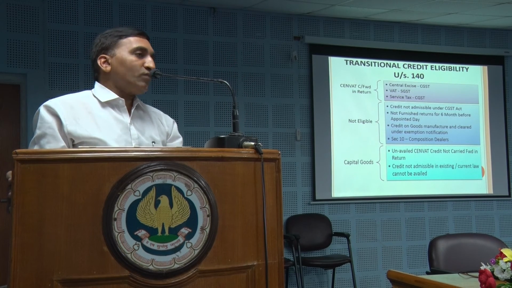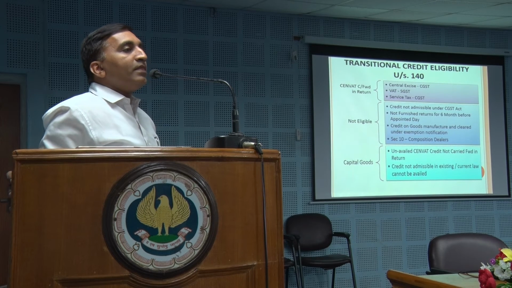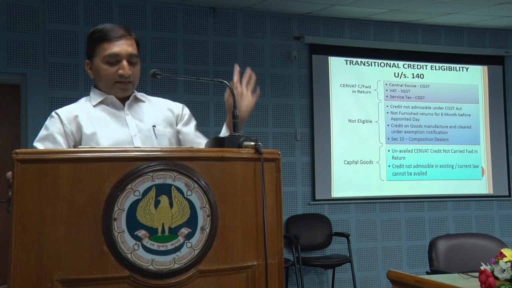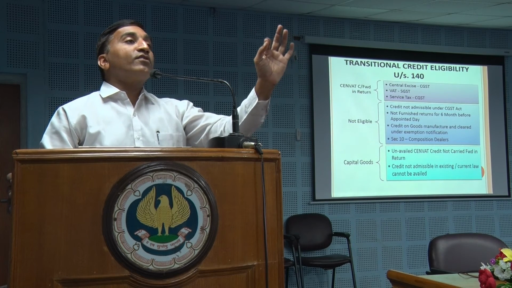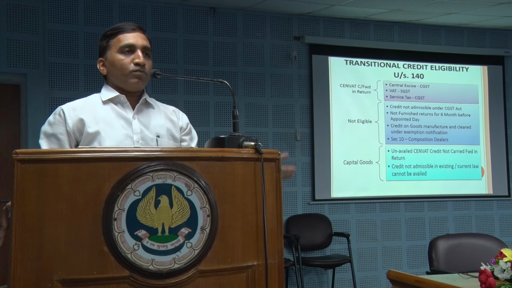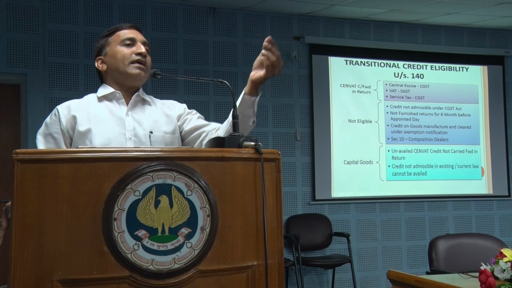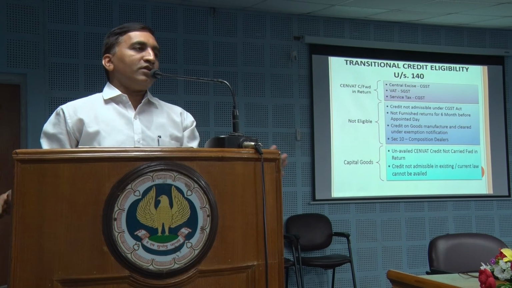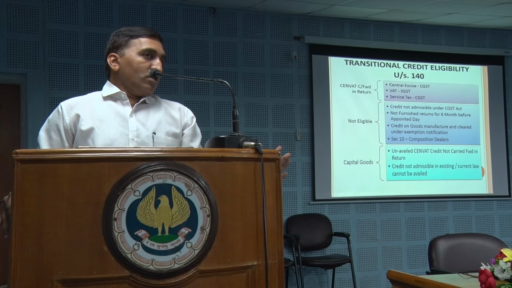Now the second type is the credit we can avail. In case of capital goods, unavailed SENVAT credit is not carried forward in the return. Say for example, you have purchased an asset of 10 lakh rupees. Input tax excise, say for example, 12.5%, that is 1,25,000.